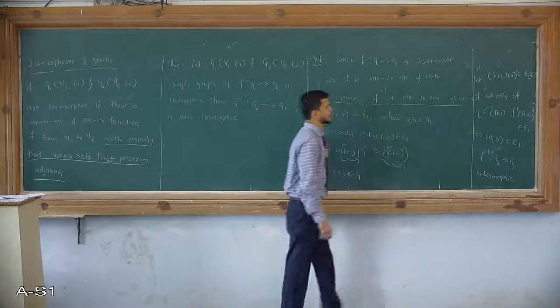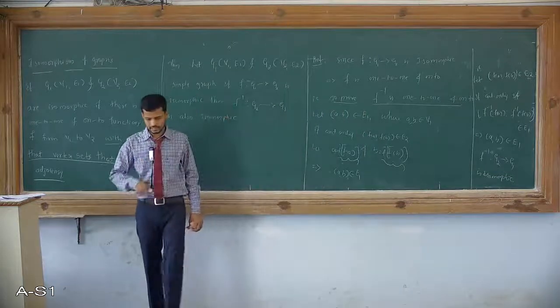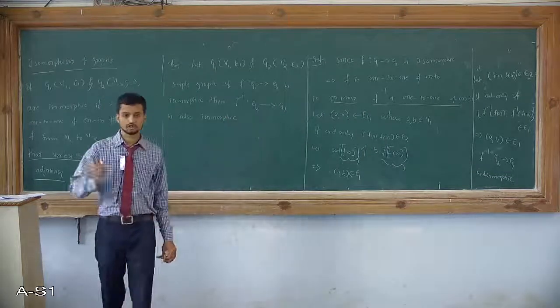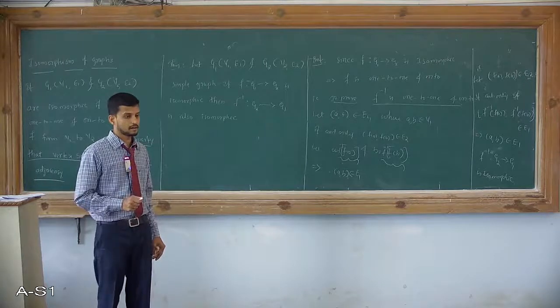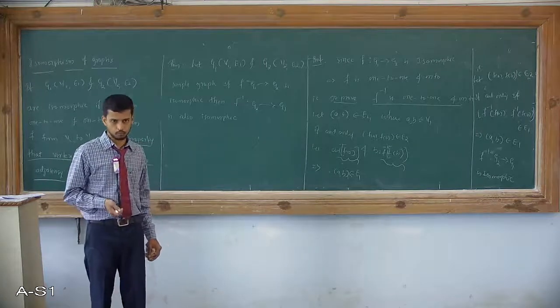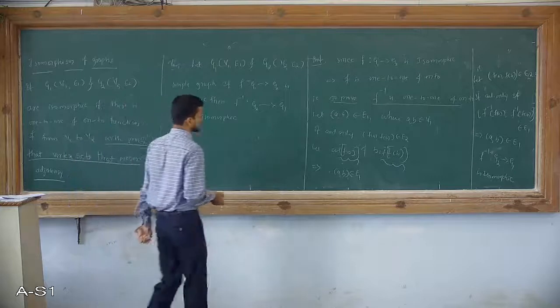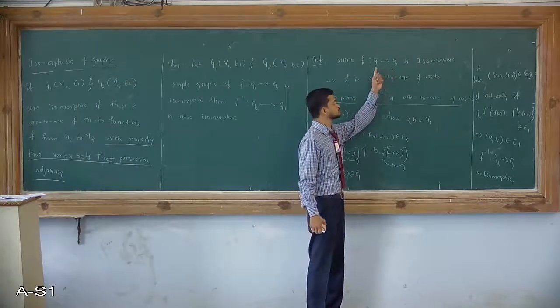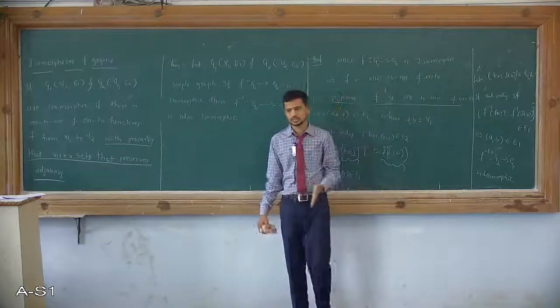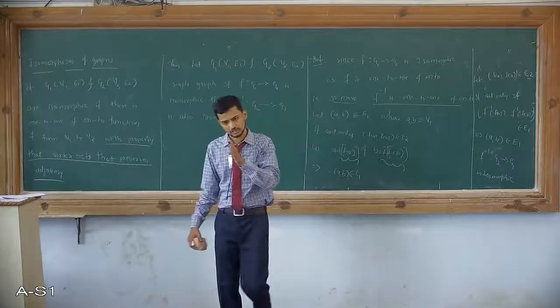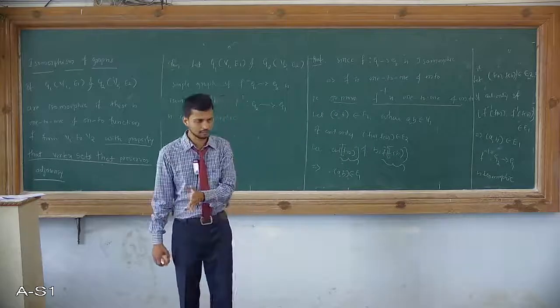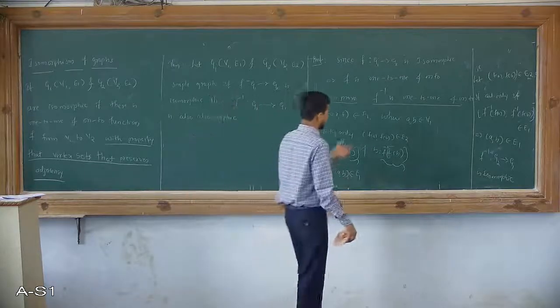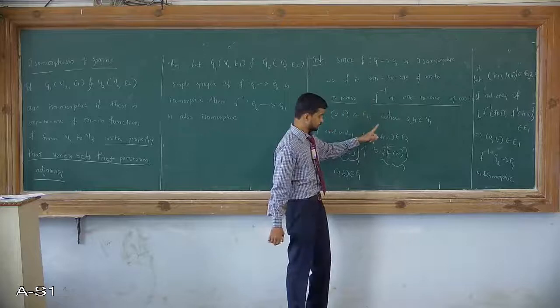Is the inverse isomorphic? You can ask me the question: I have not cross-checked the cardinality of the vertex set. Why? Because I am taking the same graph here. Since G1 to G2 is isomorphic, if G1 has 5 vertices, G2 also has 5 vertices. So I am taking G1 and G2 as the same graph to prove F inverse from G2 to G1.